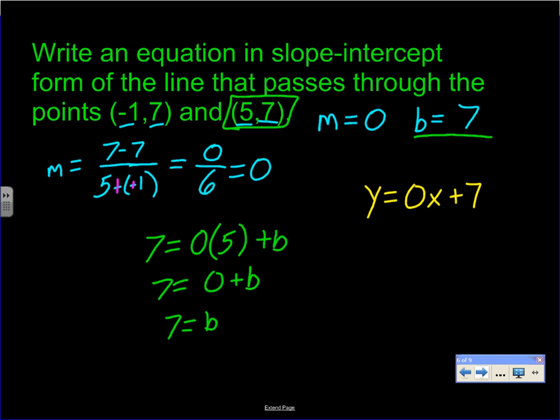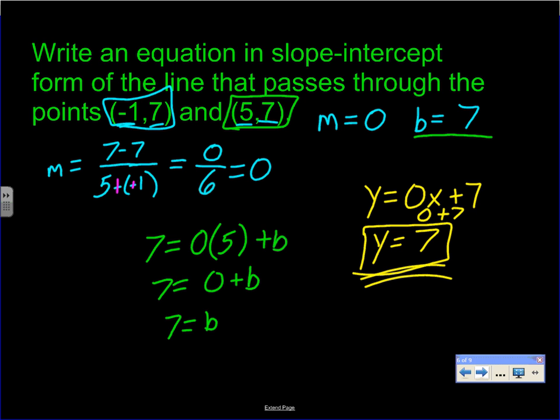We know that 0 times x is going to be 0, and so 0 plus 7 must be equal to 7. And right here is our equation. It's the equation of the line that passes through -1, 7 and 5, 7.